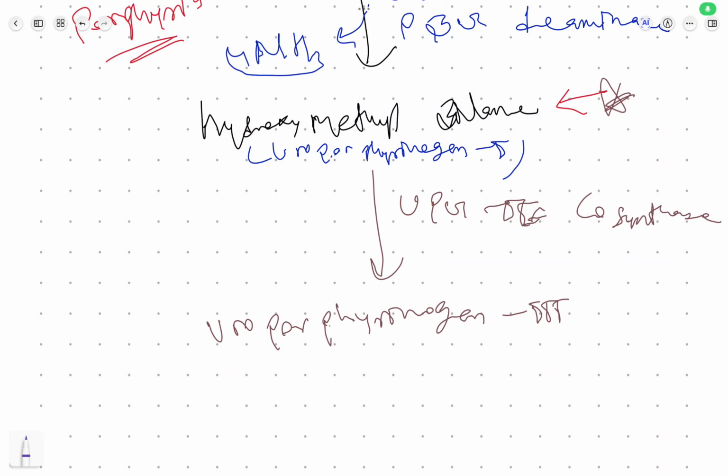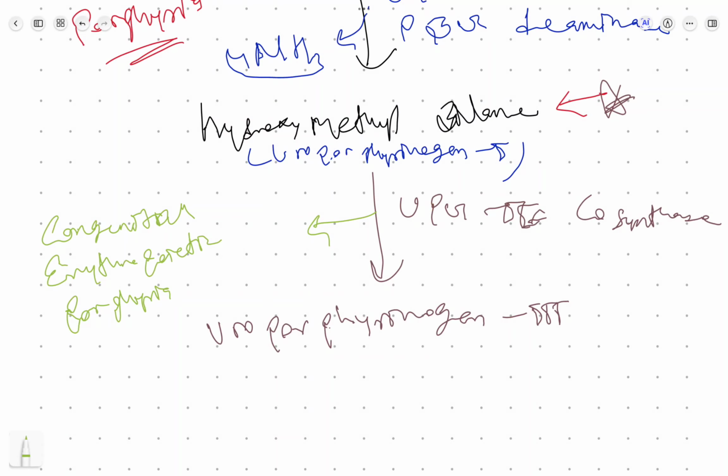If this enzyme, UPG3 cosynthase, is not present or is partially absent, then the porphyria developed is congenital erythropoietic porphyria.